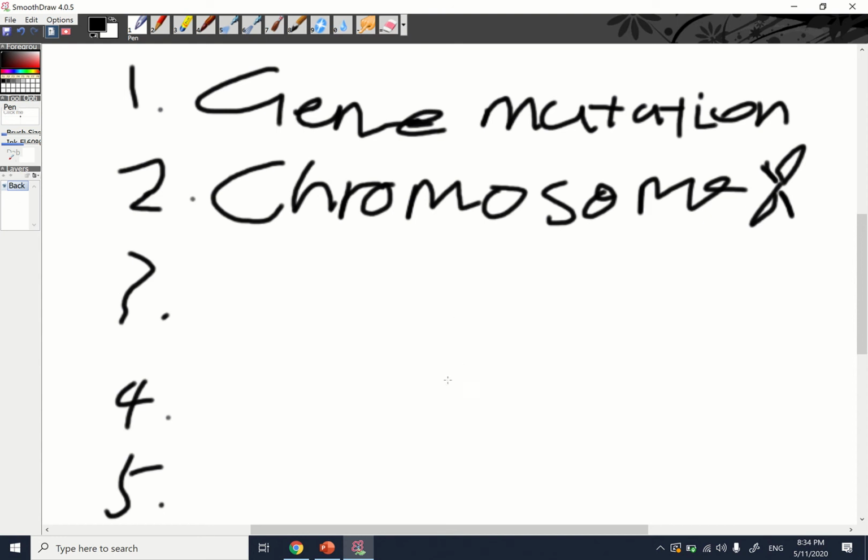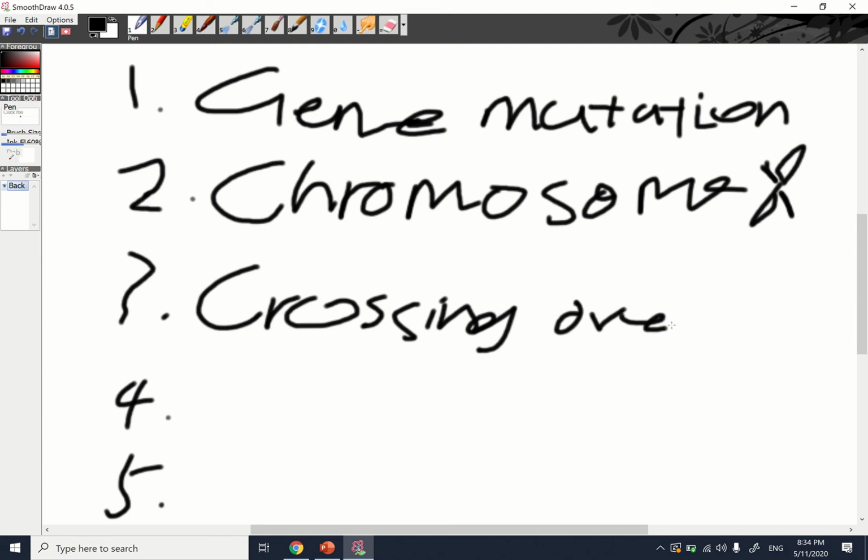And the remaining three are exclusive to sexually reproducing organisms, and these are crossing over. This is when you have a pair of homologous chromosomes, right? They lay out like this, and one in another color.